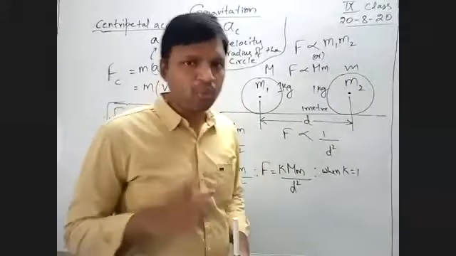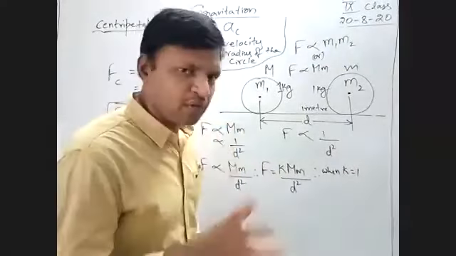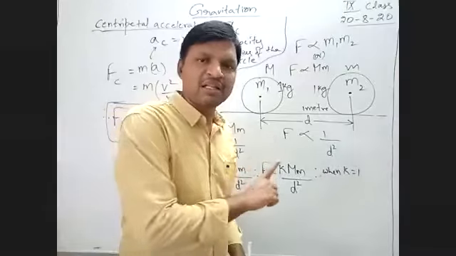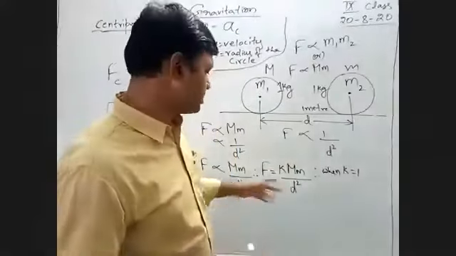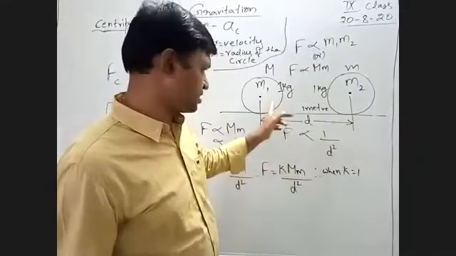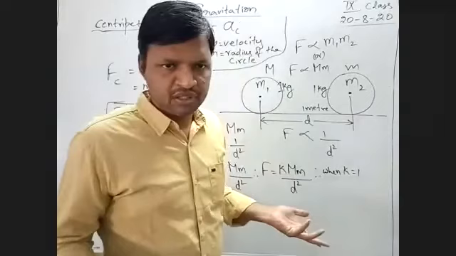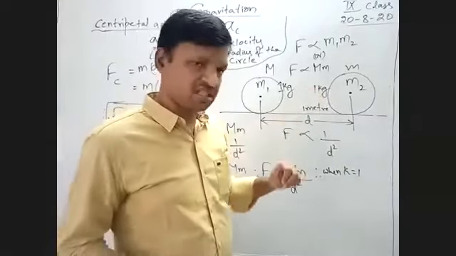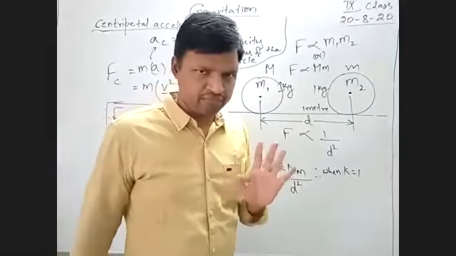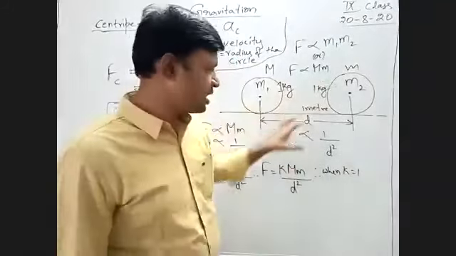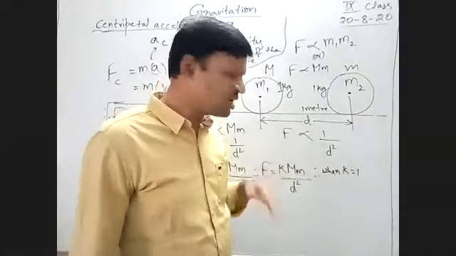We are defining all the physical quantities in 1 unit. The SI unit of mass is kilogram, so 1 kilogram, another mass 1 kilogram, and distance 1 meter. When these are all 1, this entire thing becomes 1 Newton.